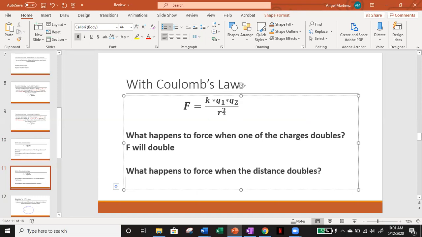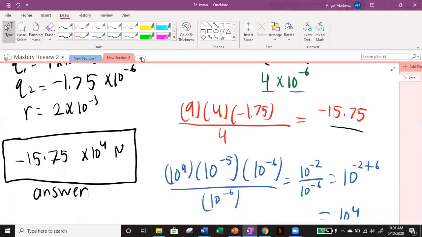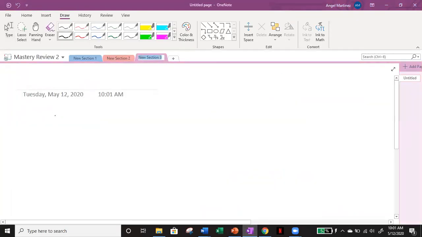So let's do this mathematically. Let's say everything was 1: R, Q1, Q2, they're all 1. And let's say K was 1 too, just for right now.